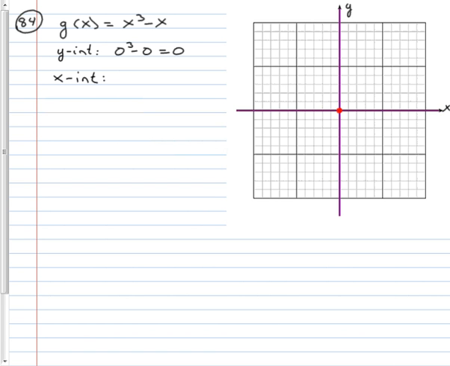X-intercepts is where the y is 0, or the function equals 0. So it's where x cubed minus x equals 0. Now we can factor this. What's common? X is common. X squared minus 1 equals 0. Ah, that x squared minus 1 can be factored. How?